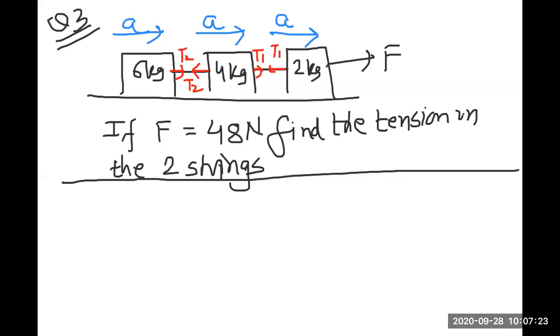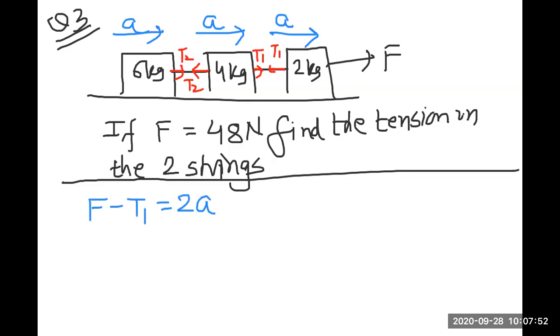At least in the physics that we are studying. So the strings must always be taut and they must be inextensible. Therefore, the acceleration of the three blocks will be same. So for the first block, I will write F minus T1 is equal to mass into acceleration.